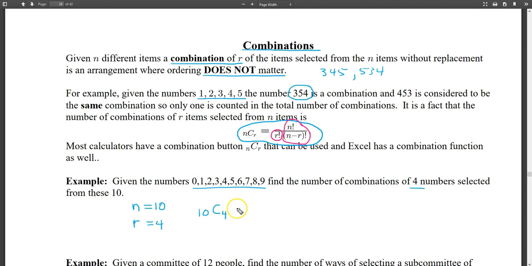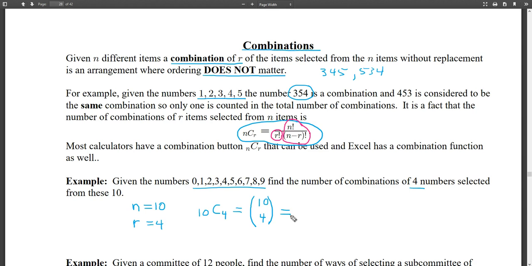Now, just some notation here: sometimes you'll see this written like this. It sort of looks like a fraction, but you don't have the horizontal bar there and you put parentheses around it. Sometimes you see a combination written like that.